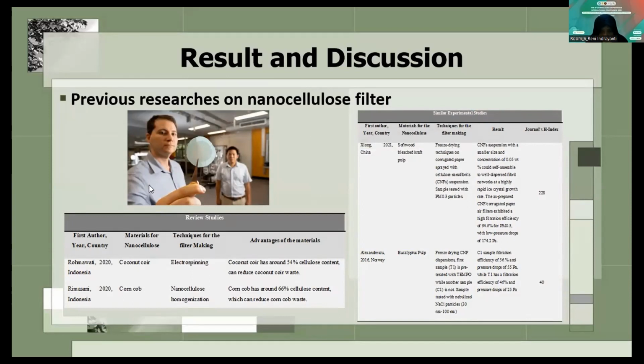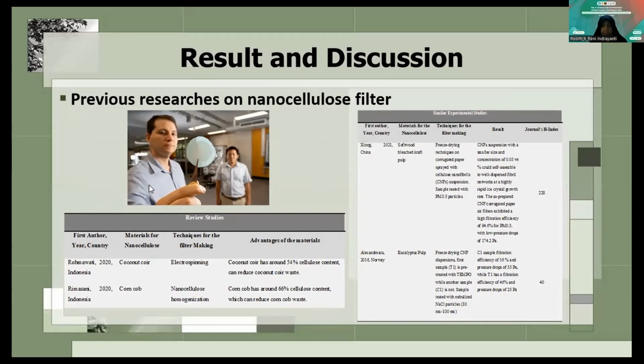Alexandrescu in 2016 stated that eucalyptus pulp nanocellulose filter exhibits filtration efficiency of 46 and 54% from two samples, and pressure drops of 55 Pascal and 25 Pascal.